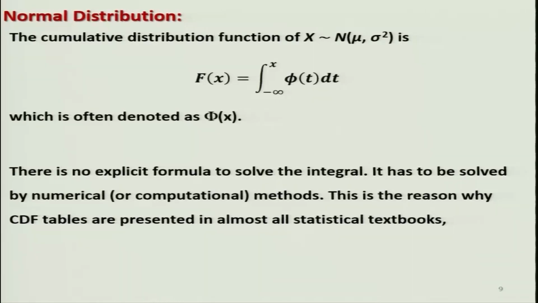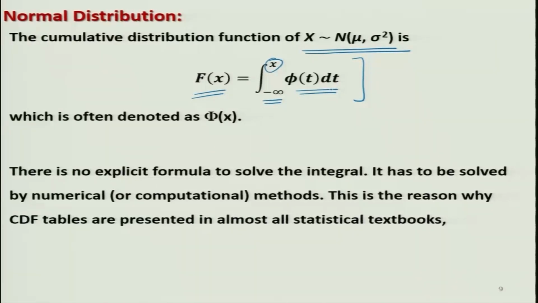Okay, so now let us find the CDF of this normal mu sigma square. Suppose x is following the normal mu sigma square, then its CDF is given by capital Fx, the integral from minus infinity to x of phi t dt.